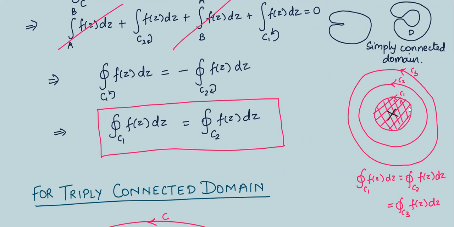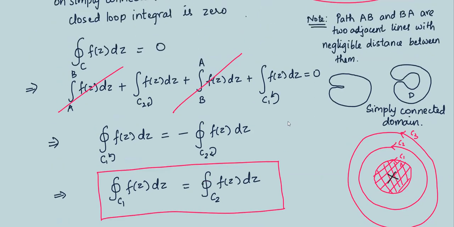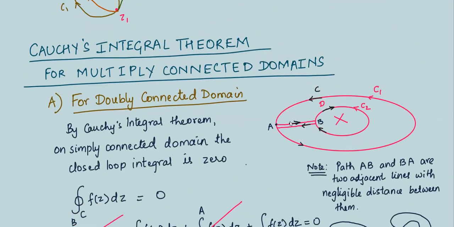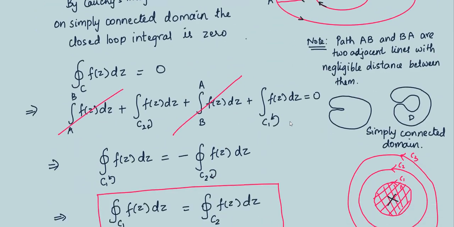Now as long as the sense, anti-clockwise or clockwise, is the same, the contour integrals of the function about C1 or C2 or C3 will all be equal, and they will not be 0 because it is not a simply connected domain. It will have some value. Okay, this is Cauchy's integral theorem for doubly connected domain.